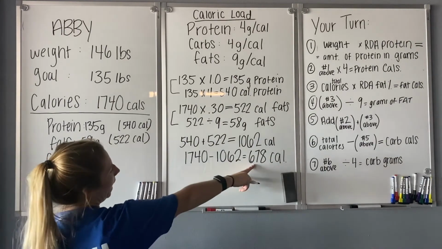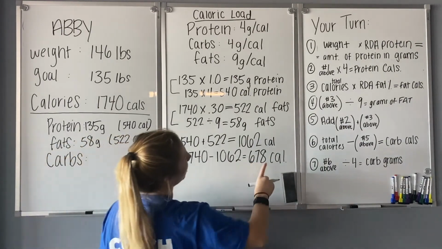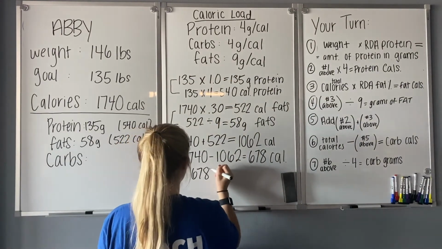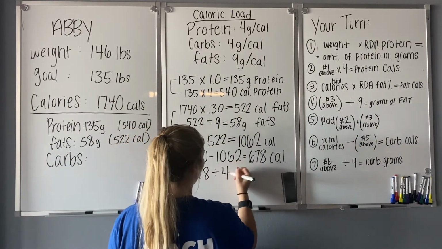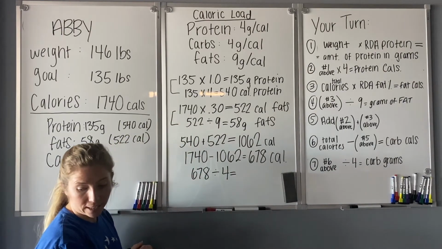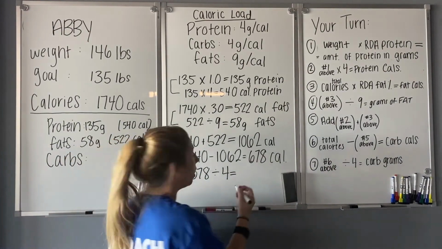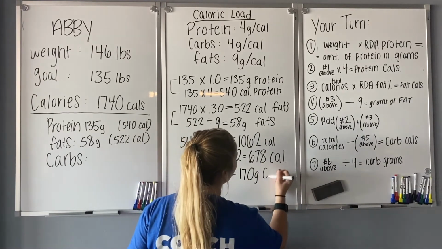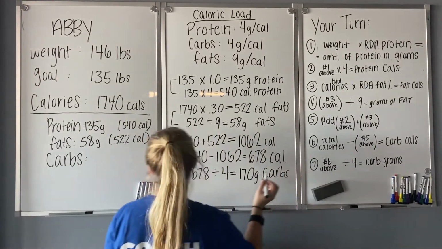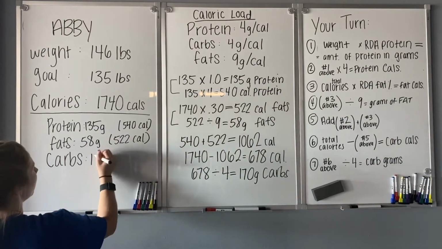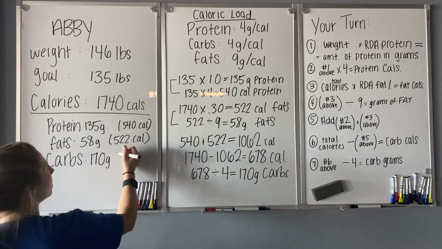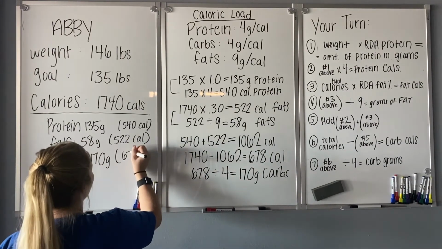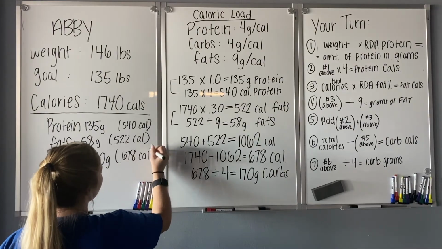Again, we're going to go from calories to grams, so we're going to divide this number by 4, 678 divided by 4, and that is going to give me 170 grams of carbs, okay? So if I write that information over here, 170 grams, and I know up here that I've got 678 calories.